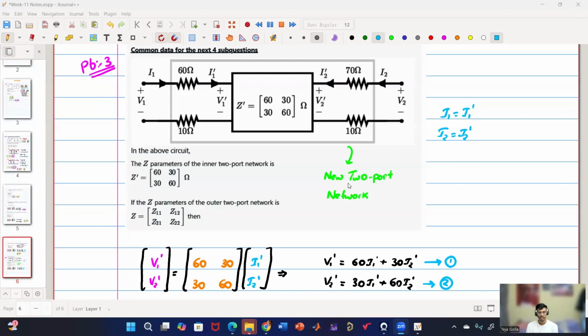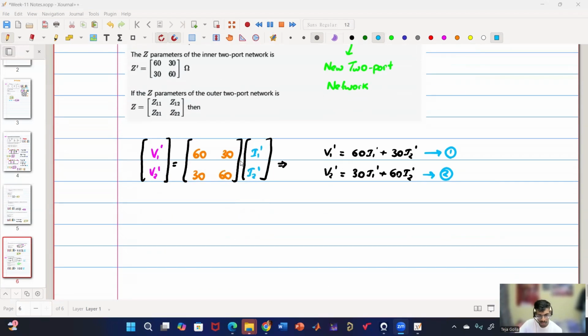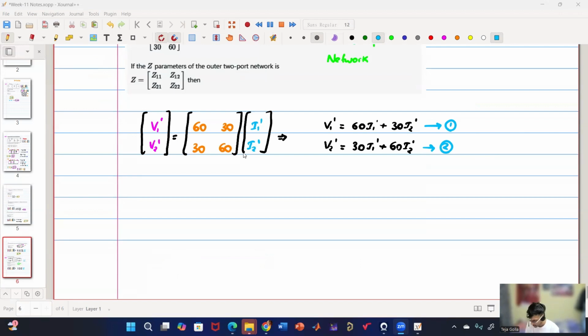Sir, it is V1 is equal to V1 dash plus 70 I1. V1 is at higher potential, right? Yes, very good, 70 I1. So you are saying V1 is equal to V1 dash plus 70 I1, and I1 and I1 dash are both the same.